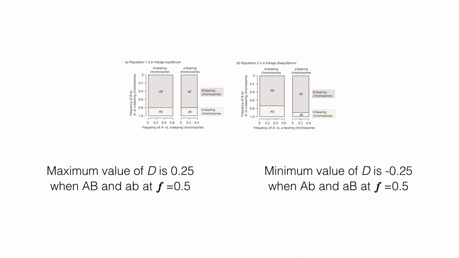The minimum value of D, therefore, can be no less than negative 0.25, when capital A lowercase b and lowercase a capital B are the only chromosomes present, each with the frequency of 50%.